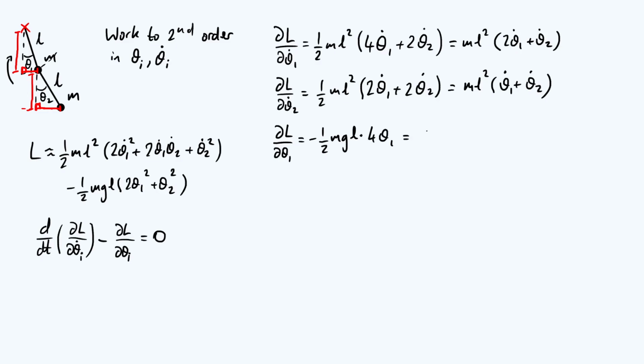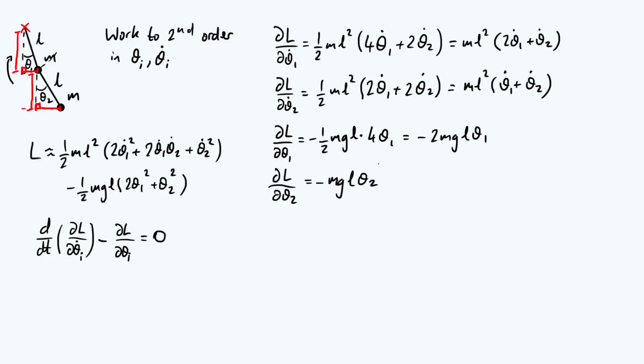And then if we do the 1/2 times the 4, we get minus 2mglθ₁. There we go. Now, the last derivative we've got to evaluate is ∂L/∂θ₂. It's going to be very similar, except this time the first term is not going to give you any contribution. The second term is going to give you a 2θ₂, but the 2 that you bring down will cancel with the 1/2 in front. And so this will just be minus mglθ₂.